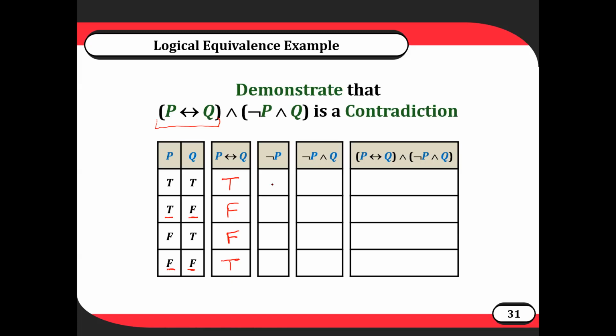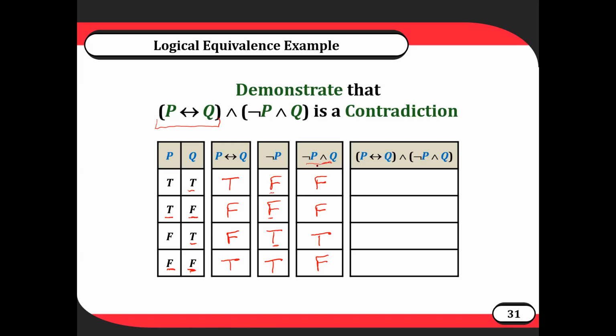Not P takes on the opposite values of P. And then not P and Q, so if one of them is false, then this must be false. Not P is false for both of these. And then here, we can see not P and Q is true. And here we have Q is false, so this is false.